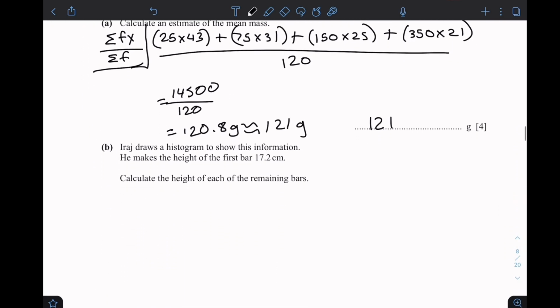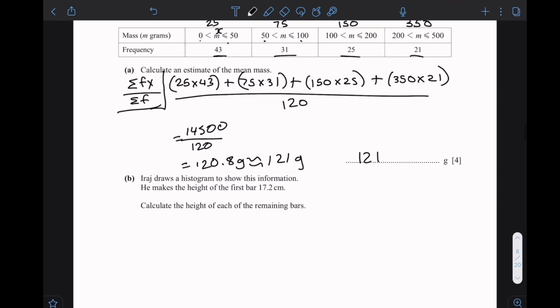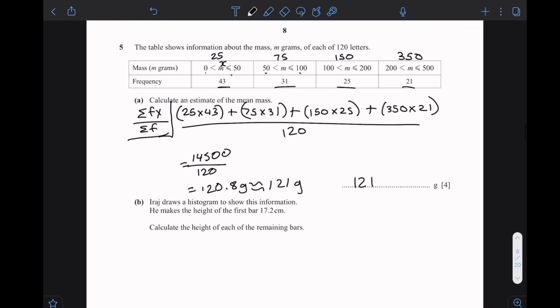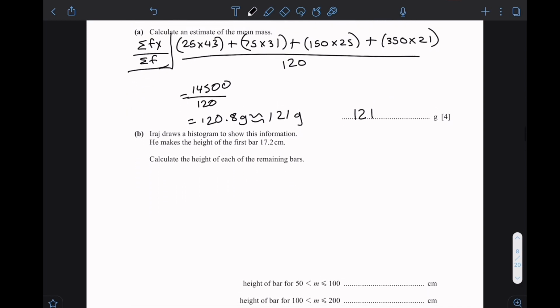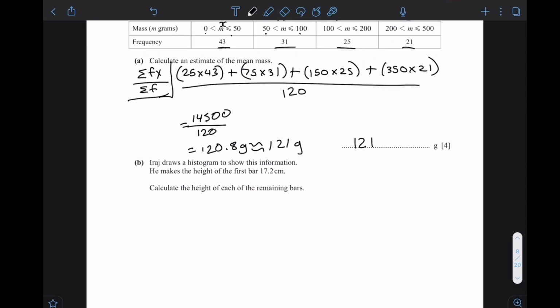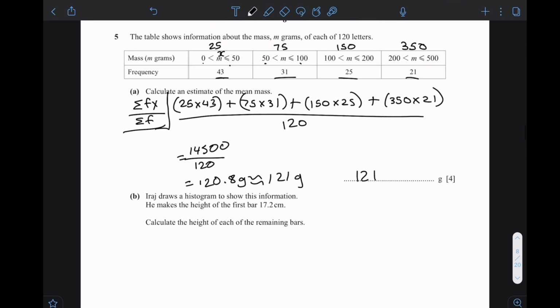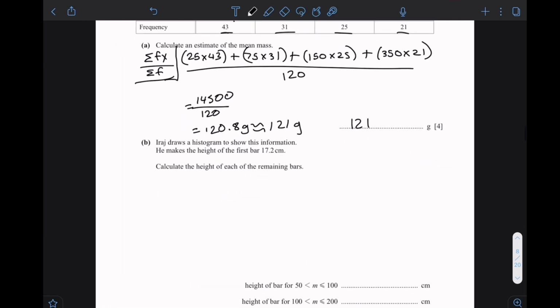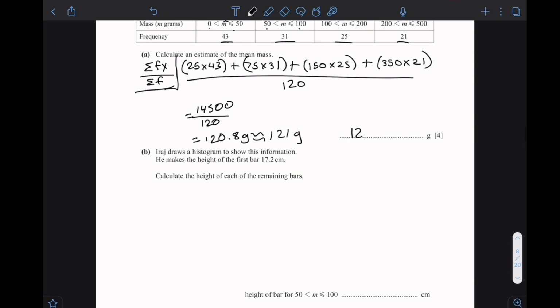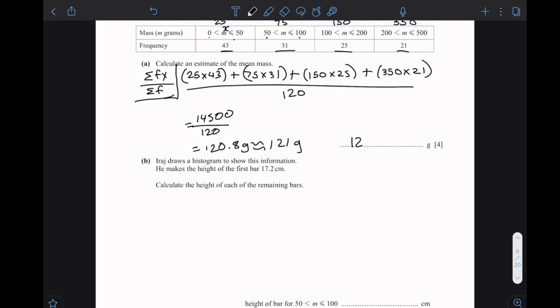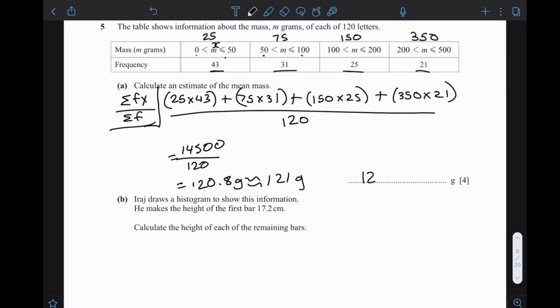Okay, so this question is, now Iraj draws a histogram to show this information. He makes the height of the first bar 17.2 centimeters. Calculate the height of the remaining bars. Okay, so what you need to do in this question is calculate the frequency density, right?